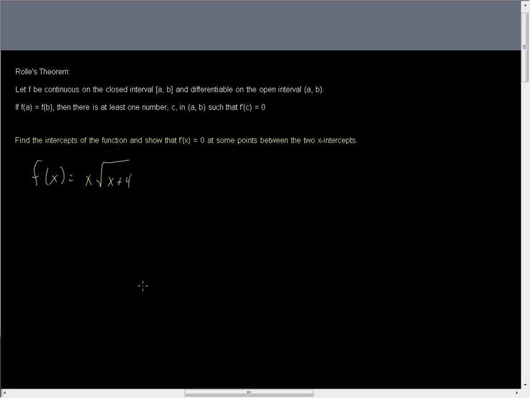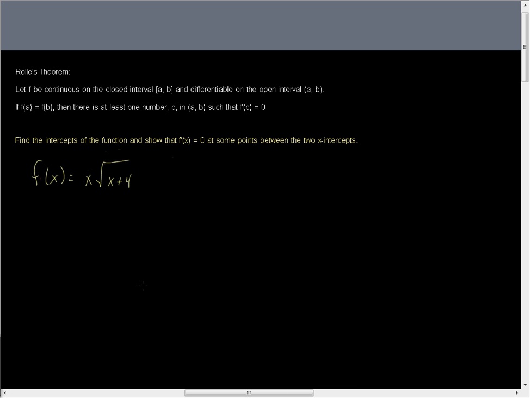If there are two y values of that function that are the same, meaning the function starts at one number, goes down, and then comes back up to the number, or starts at some y value, goes up and comes back down to the y value, so we have basically a horizontal line connecting two points on the graph, then there's at least one number c in that open interval such that the derivative is 0.